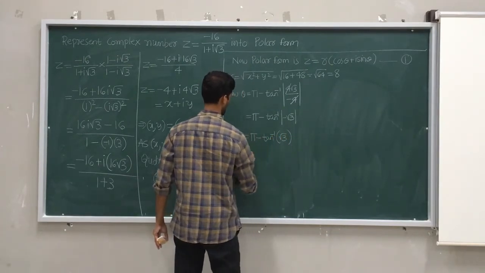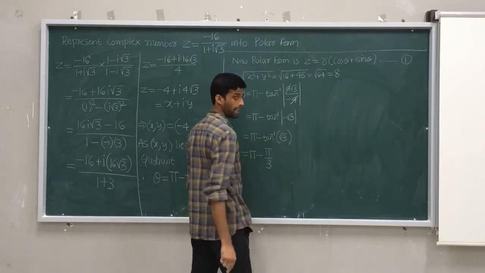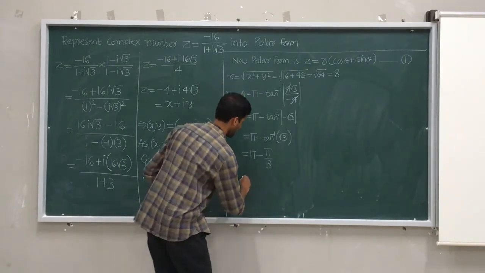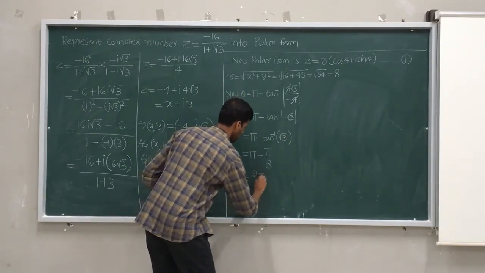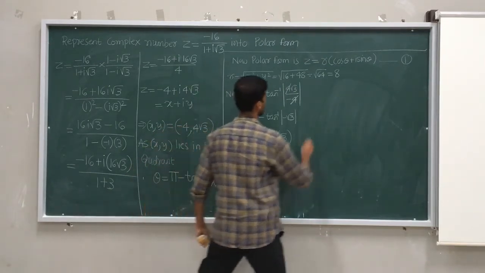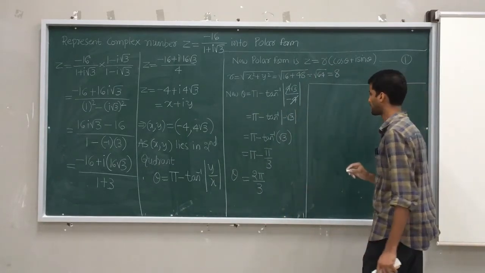So pi minus pi by 3, because tan inverse root 3 is sin 60 by cos 60. So pi minus pi by 3 gives me 2 pi by 3. So the argument or amplitude of this complex number is 2 pi by 3.